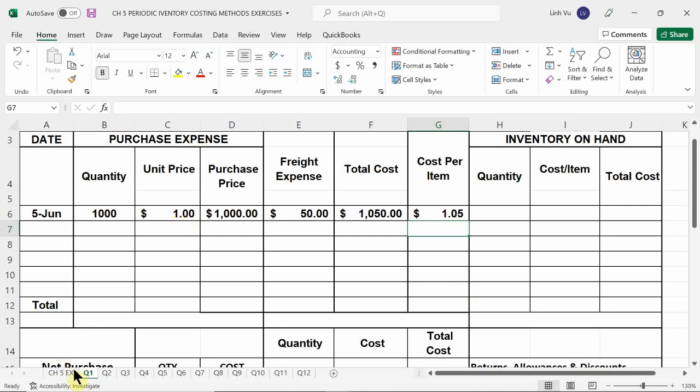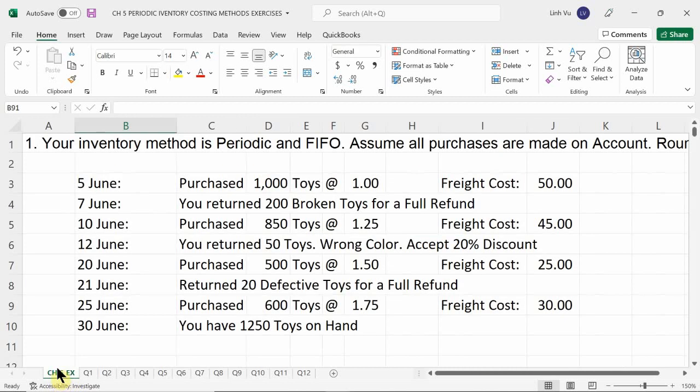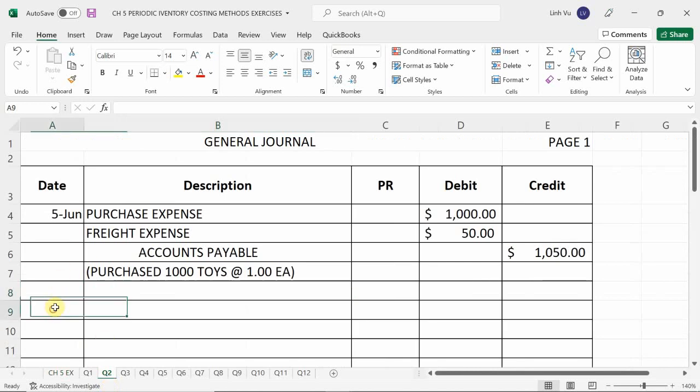Now let's see what happened next. On June 7th, you end up returning 200 of the toys because they were broken for a full refund. Okay? So first, let's at least acknowledge that we returned 200 broken toys for a full refund in our journal. Okay? How do we journalize a refund?